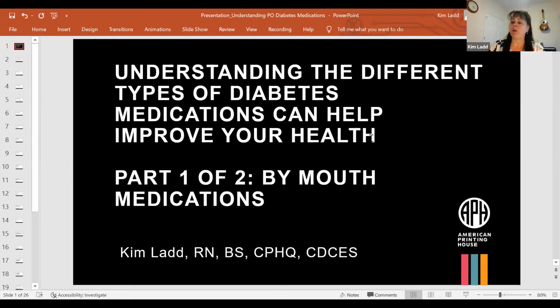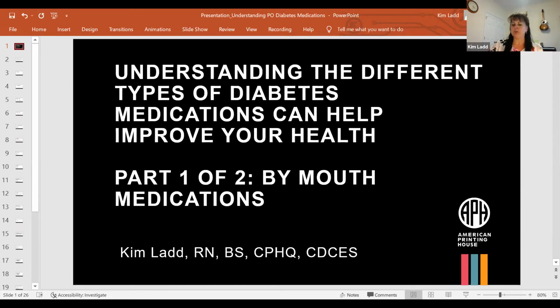So I'm going to talk about oral medications because there are injectable, there are inhaled, and there are by mouth or oral medications for diabetes. So I wanted to divide them in chunks so that it's not too overwhelming at one time. So in part two of this series, I will talk about injectable medications, insulin, and inhaled. So today we're just going to talk about the pills that are available.